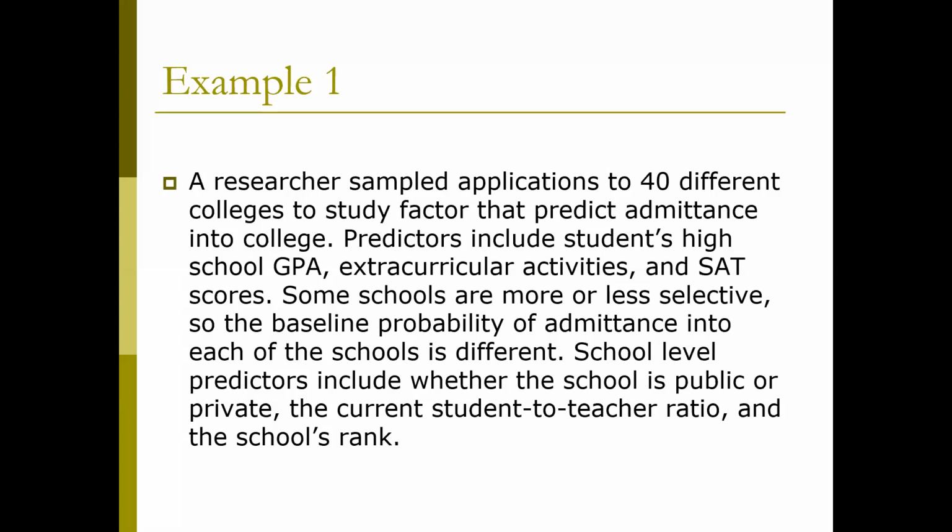Because of this statement, which I'm going to underline right now, you actually need a random effect. Which means there are going to be school level predictors. The school level predictors include whether the school is public or private, the current student to teacher ratio, and the school rank.